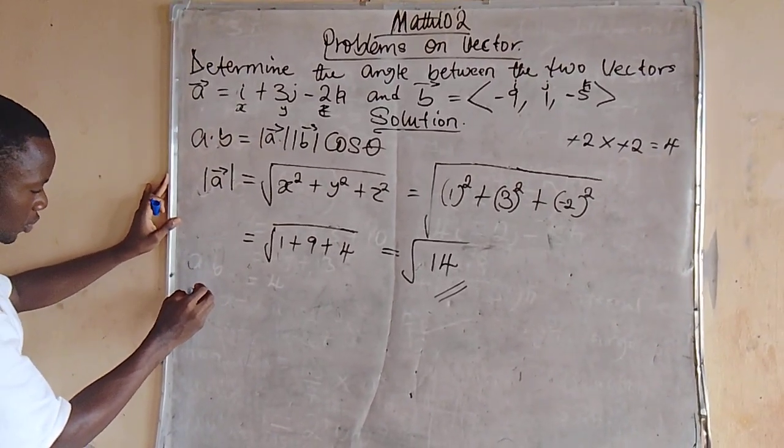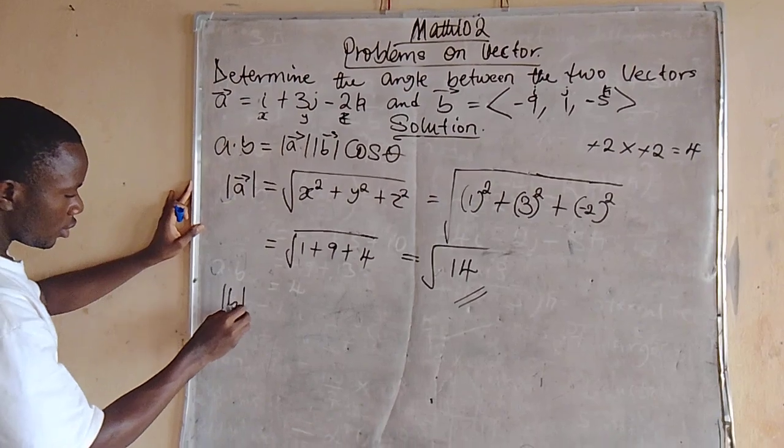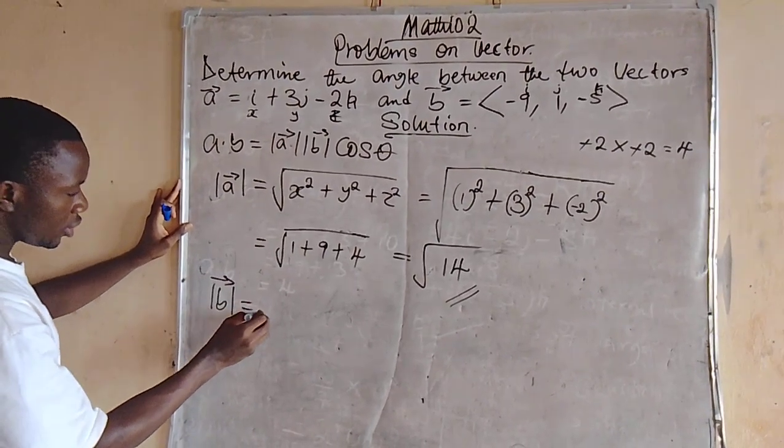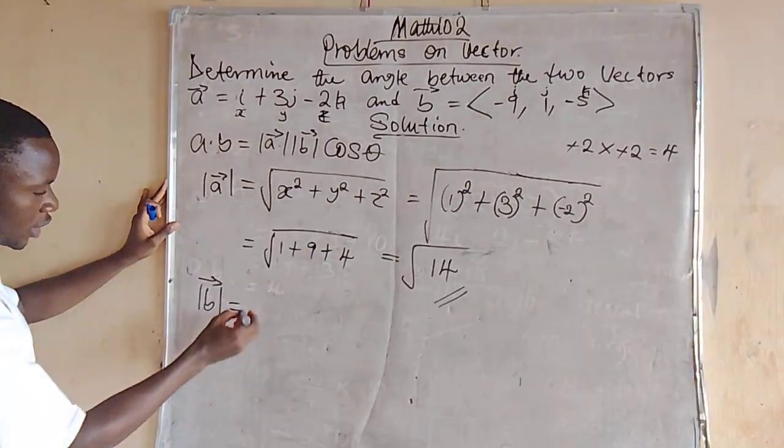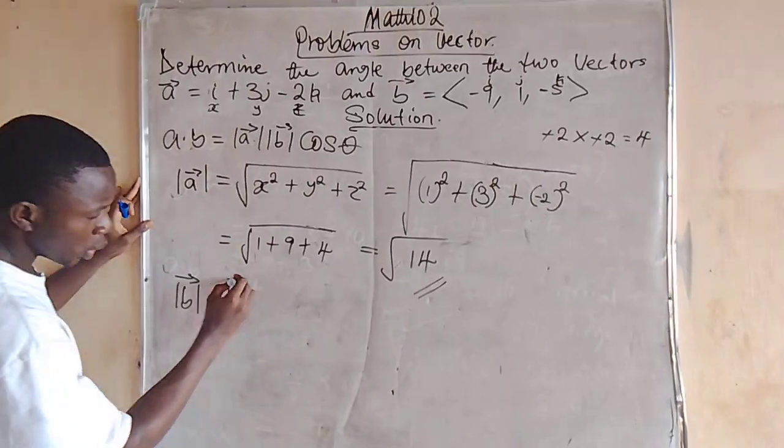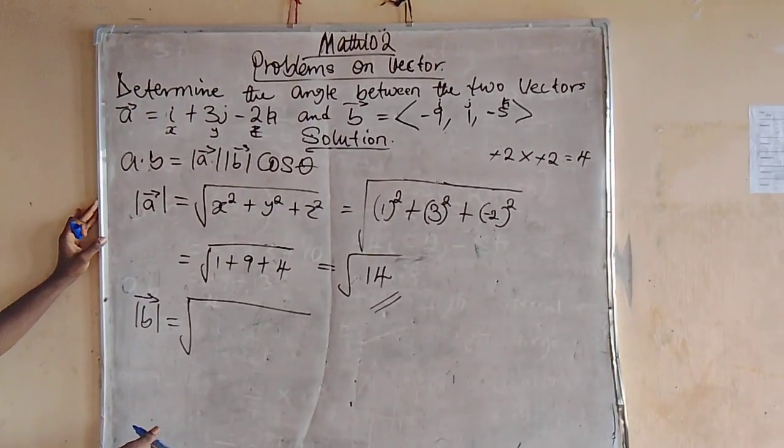Magnitude of vector B is equal to, already you have the formula, it's the same. So we are not going to write the formula again. I'll just go ahead and substitute.